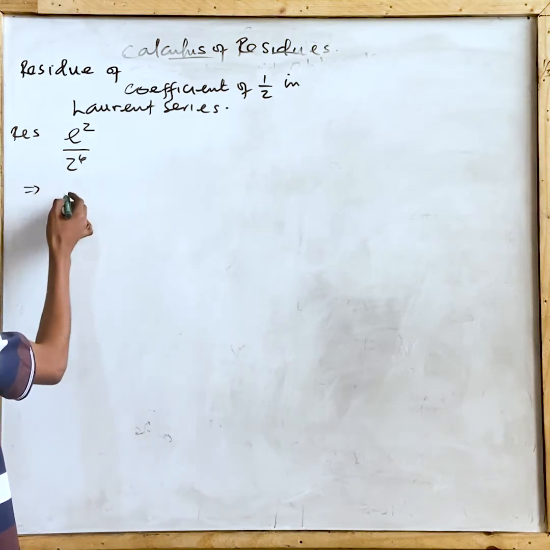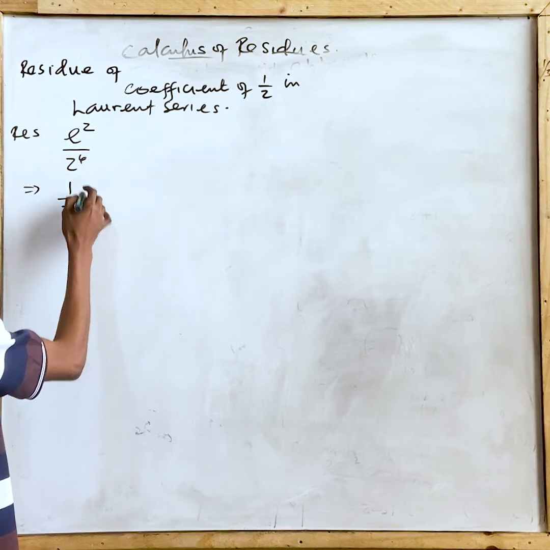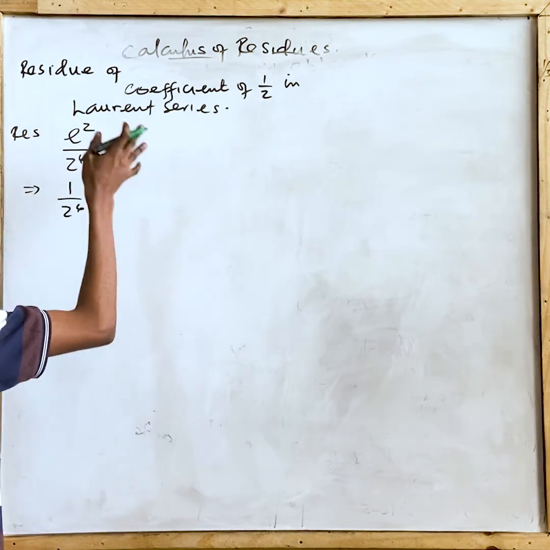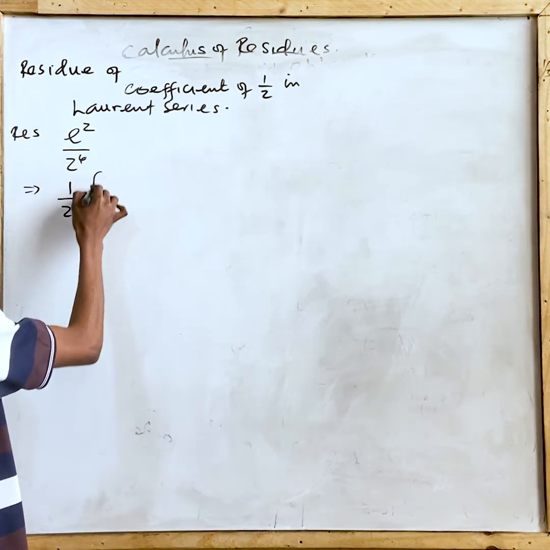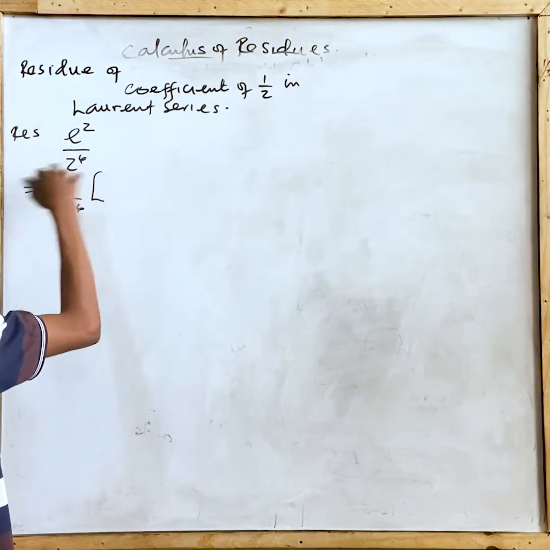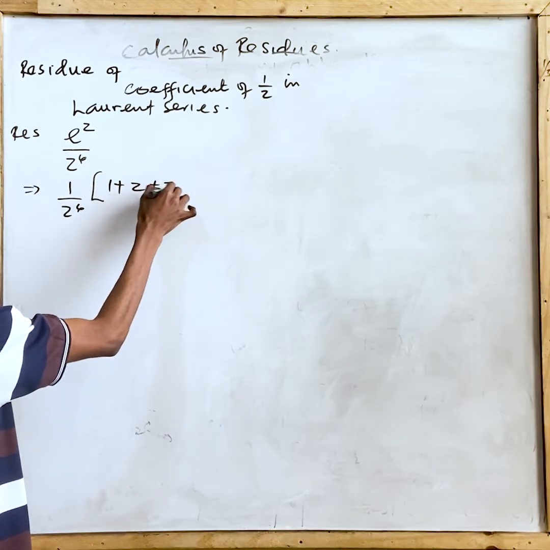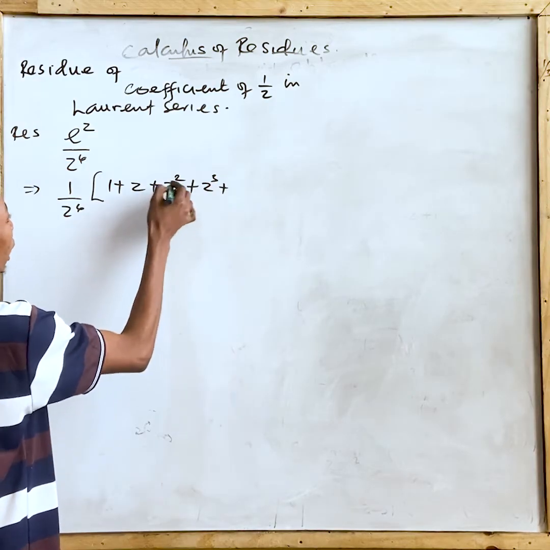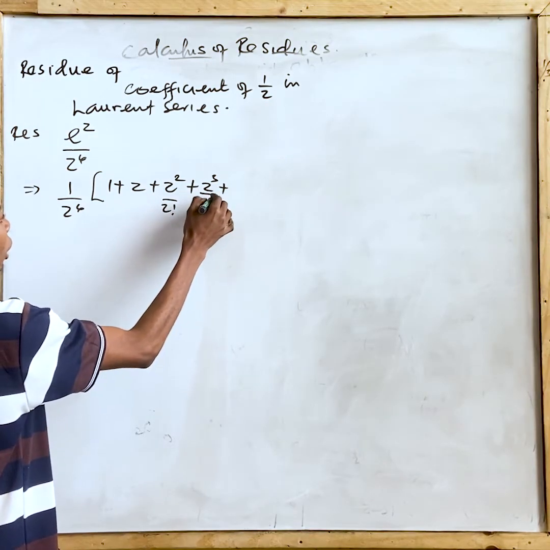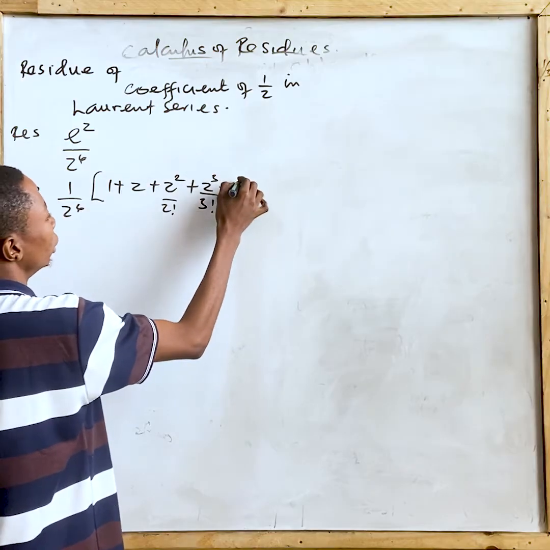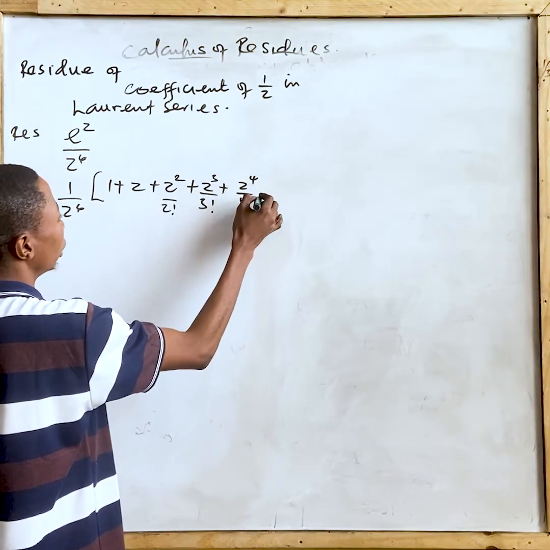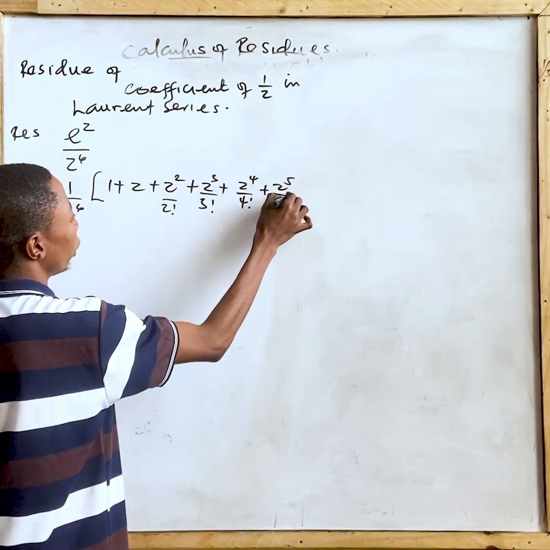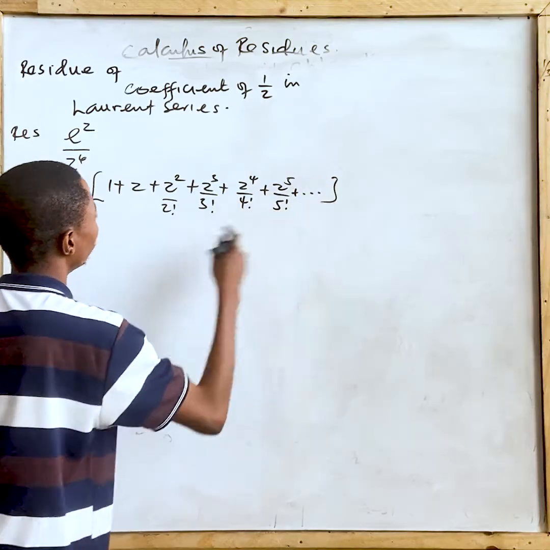So this one will be like 1 over z raised to power 6. We know that e raised to power z is a known series. If I expand e raised to power z, it is 1 plus z plus z square over 2 factorial, z cube over 3 factorial, z4 over 4 factorial, z5 divided by 5 factorial, and so on.